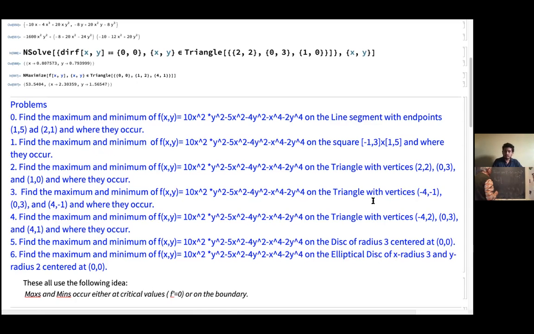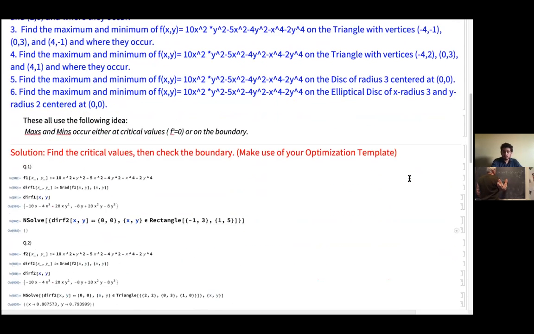You could use Mathematica to find these two, but the derivative with respect to x is 20xy squared minus 10x minus 4x cubed. And with respect to y is 20x squared y minus 8y minus 8y cubed.